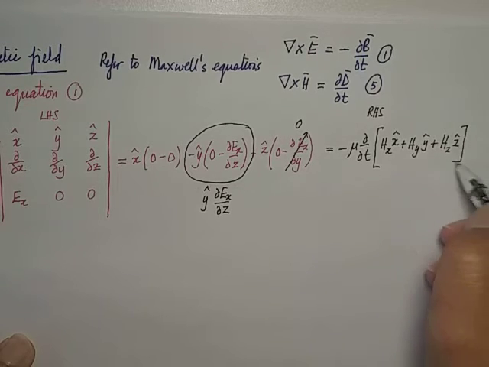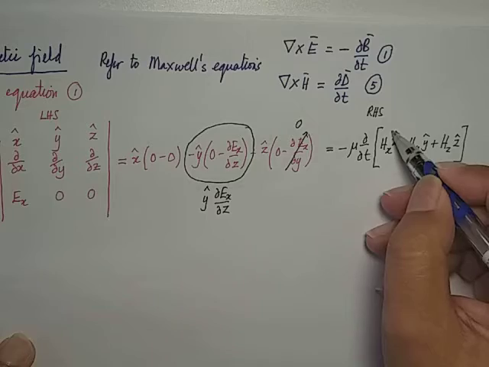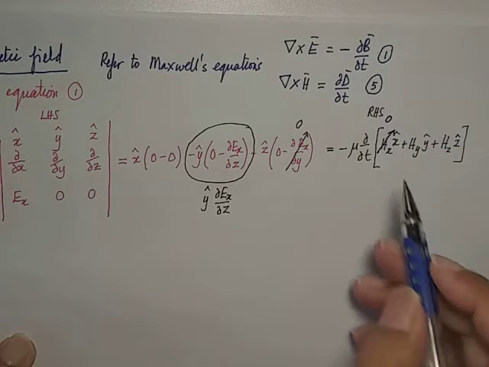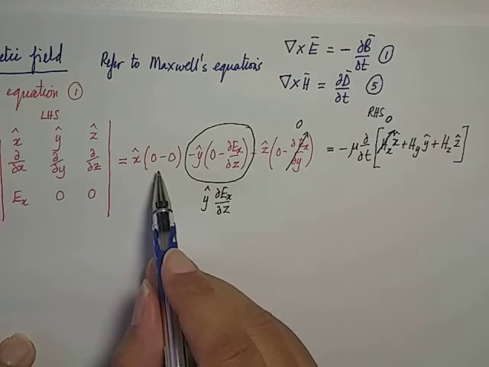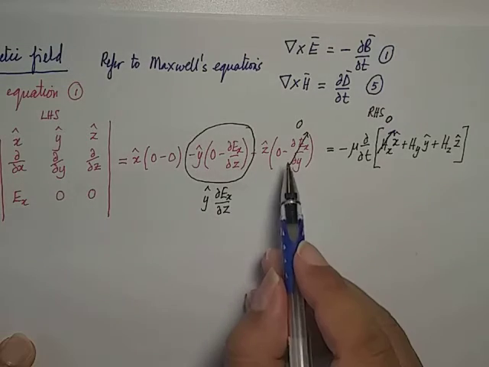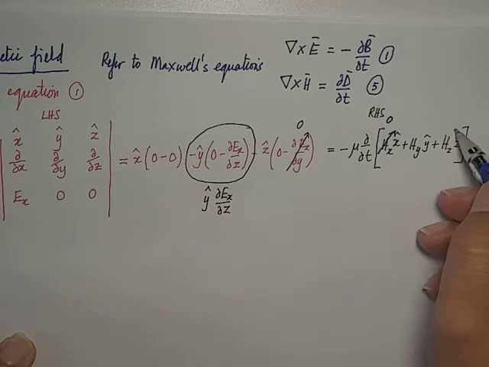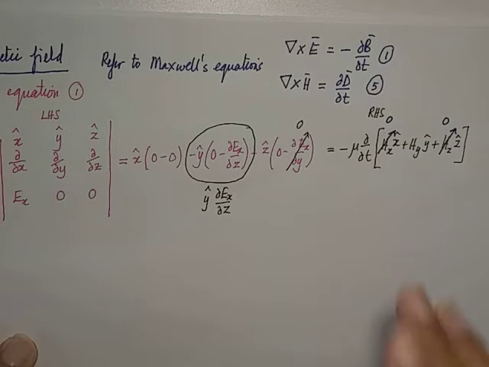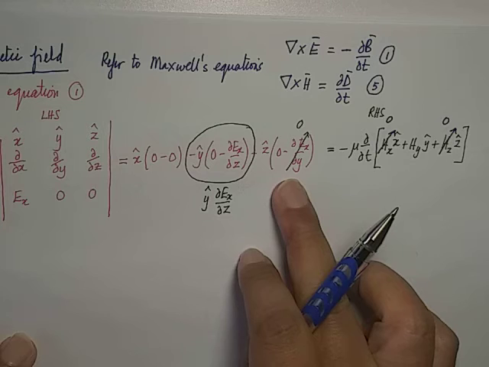That should be our general substitution. Relating to our solution on the left hand side, Hx can be assumed to be 0, because the x component there is 0. Similarly, the z term we state equal to 0, because the z term of the left hand side equals 0.